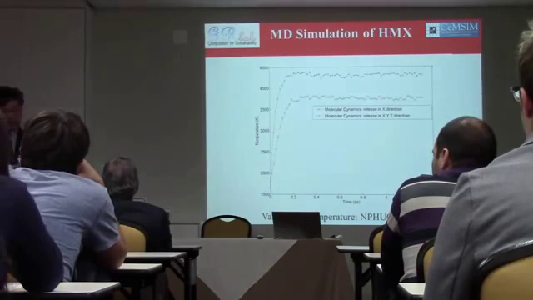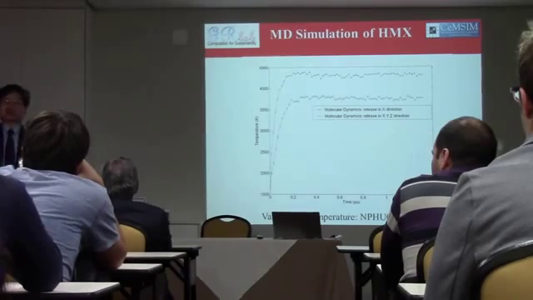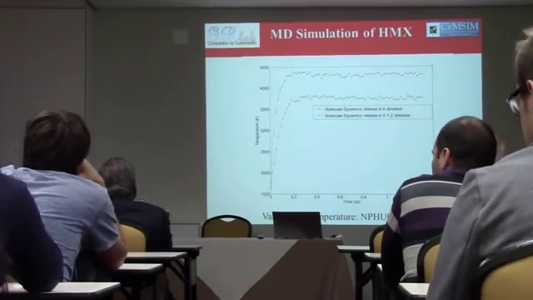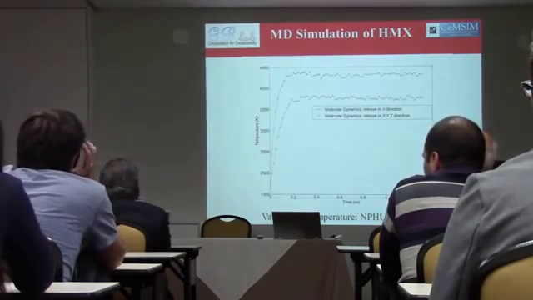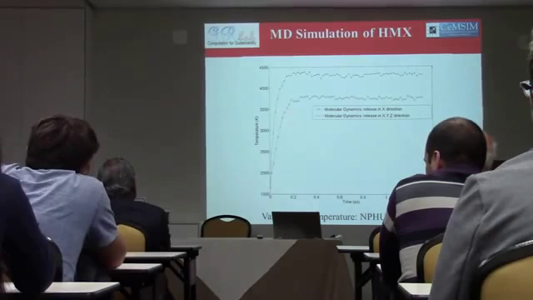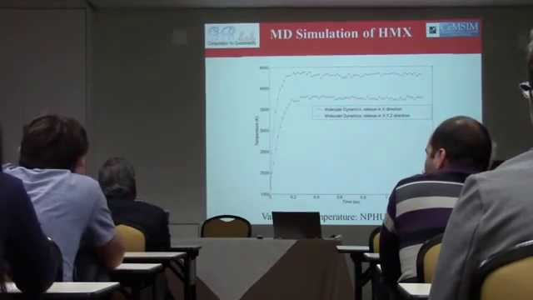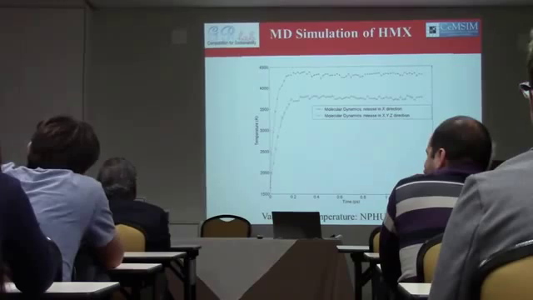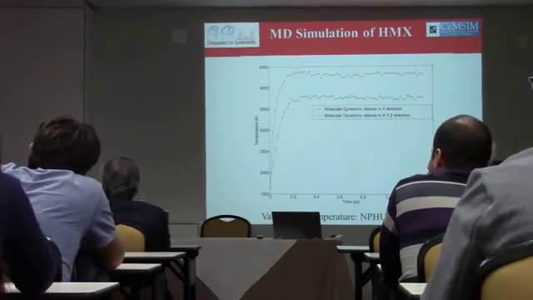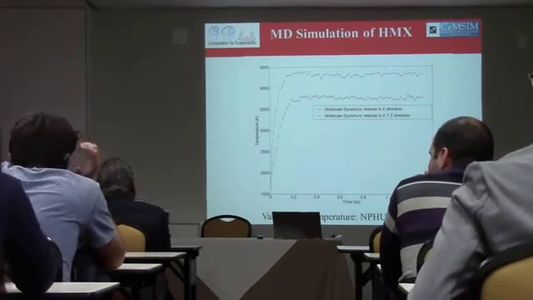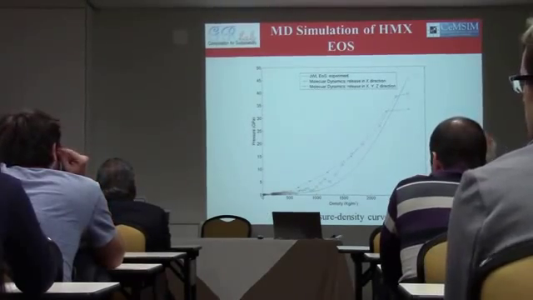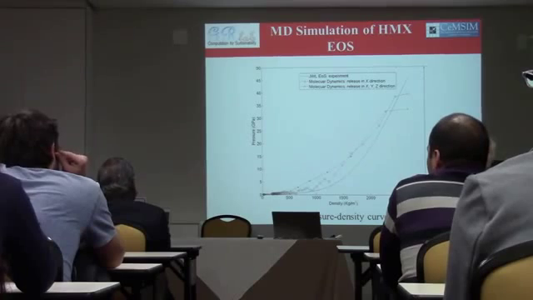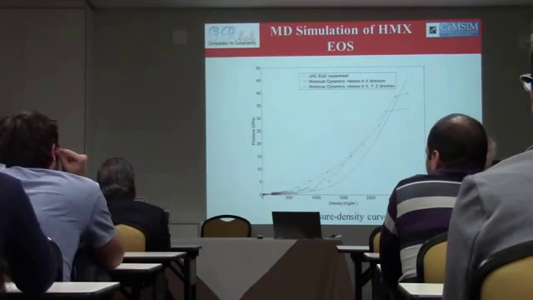Or I can allow everything to be free, so the explosive goes to every place in space. When we observe the temperature change with time, we see that it depends on how you do it, and we have this kind of differences. It makes things a little bit more complicated, because we do not really know which is the best way to simulate the process.